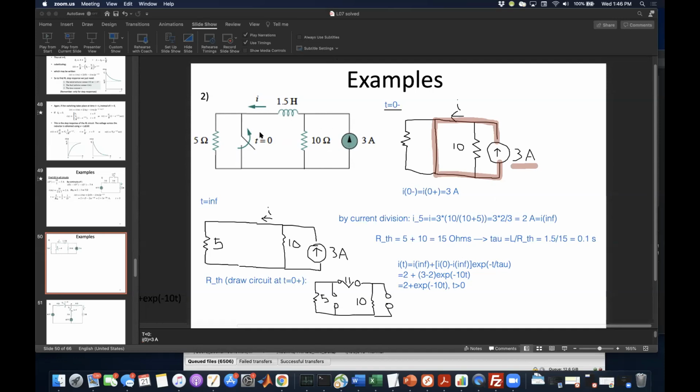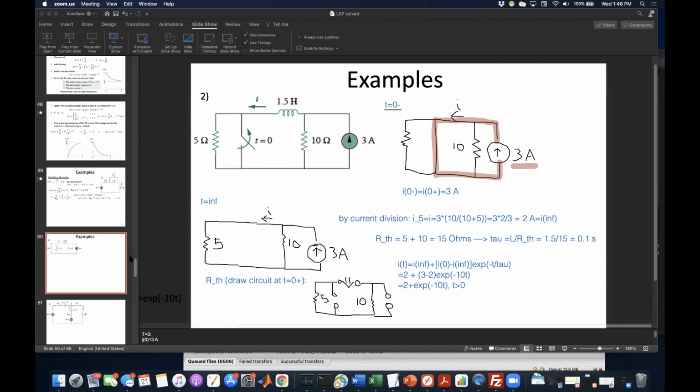Once it opens up, all of a sudden some of the current starts flowing through the 5 ohm, and some through the 10 ohm. That's the change that occurs, and so the inductor current goes from 3 to 2.